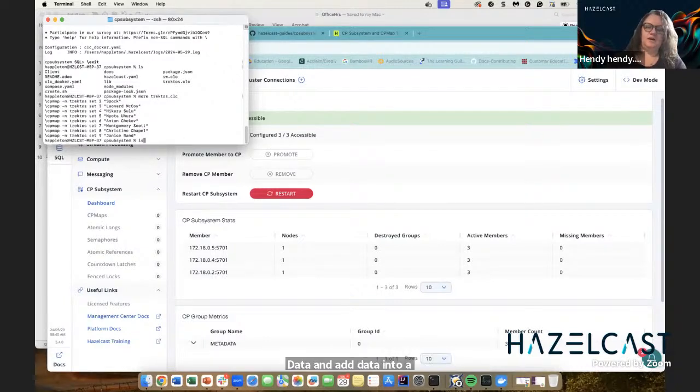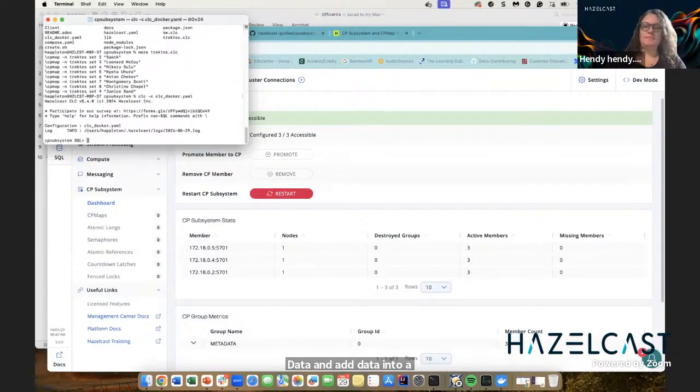So if I go back in, I can use that same command. I'll just do it by hand. So what I'm doing is saying, all right, create a CP map, call it Trek TOS.